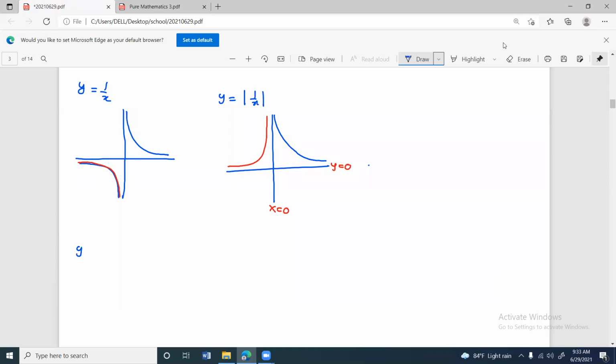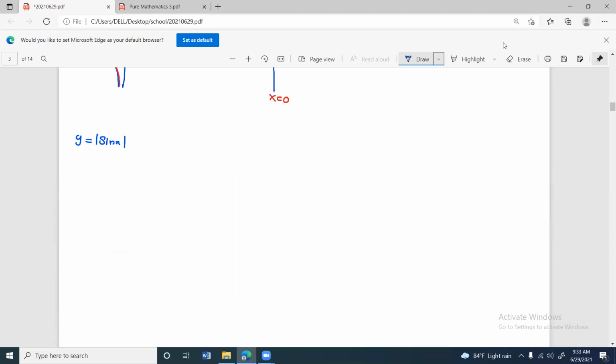If it is y equals to modulus of sine x graph, I think you can remember how we drew the sine x graph. It's like this. You can draw it to infinity, on this side even. Just like this.